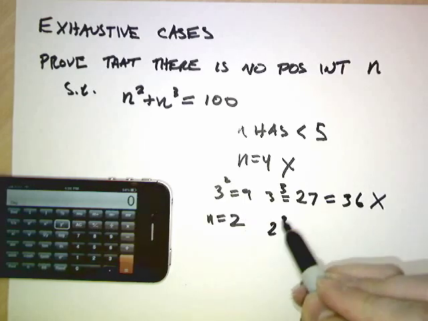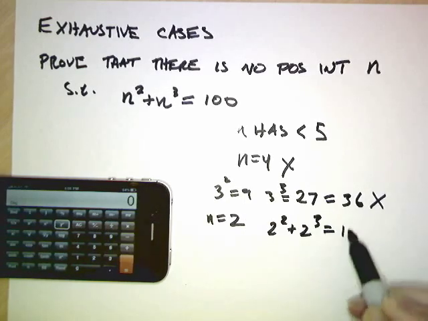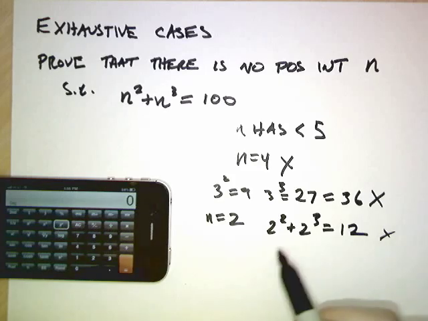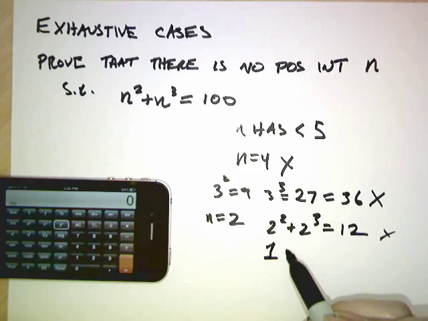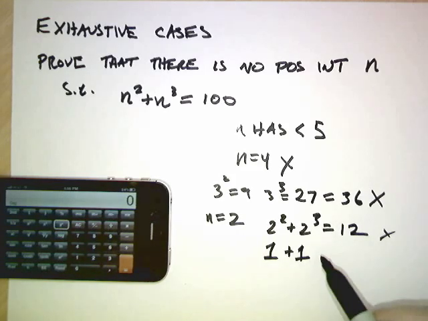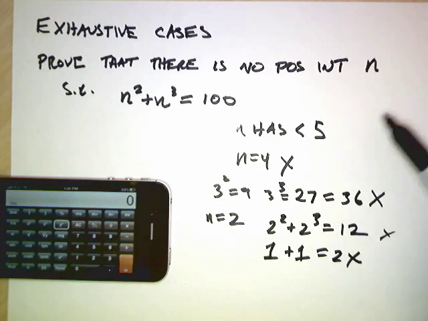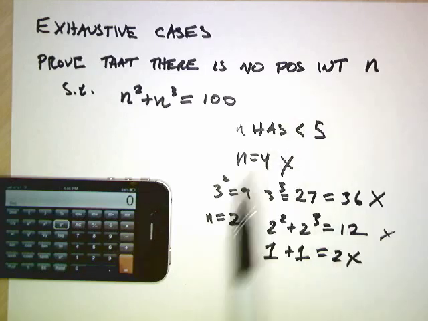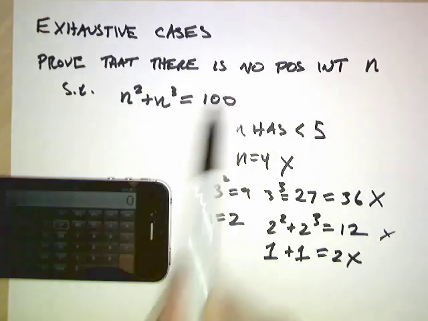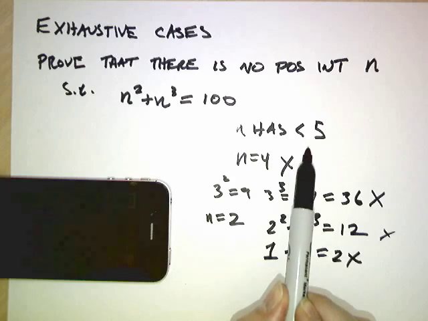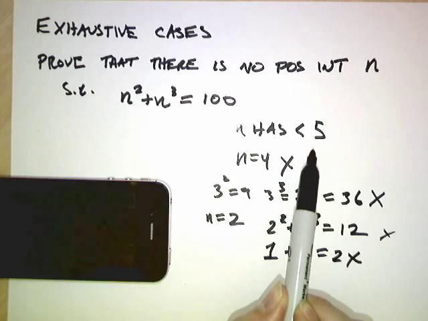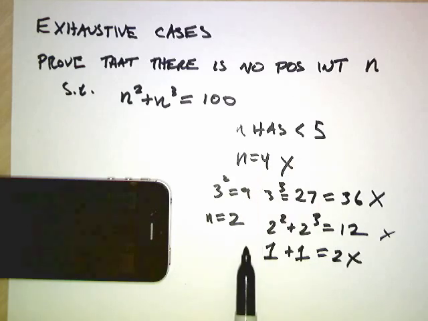So 2 squared plus 2 cubed equals 12. That doesn't work. And 1 squared is 1. 1 cubed is 1. 1 plus 1 equals 2. That doesn't work. So no, there is no positive integer n such that n squared plus n cubed equals 100. Our first step was to notice that n has to be less than 5. And then we exhausted all the cases for n less than 5 to show that it just can't possibly work.